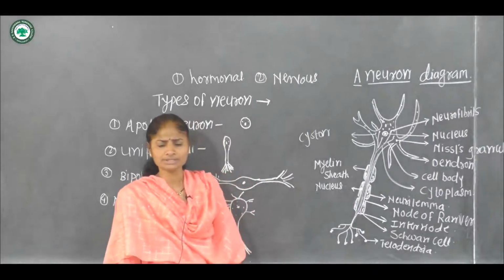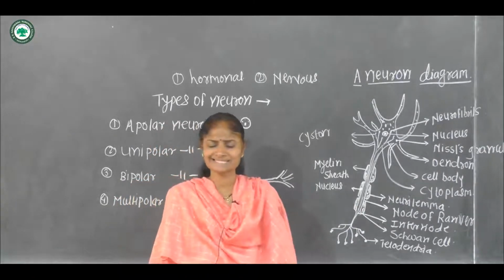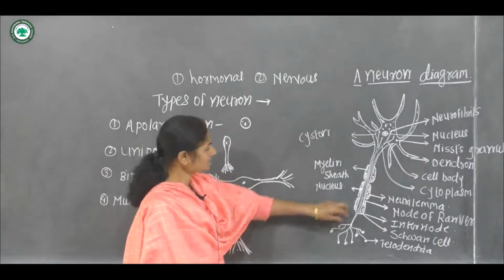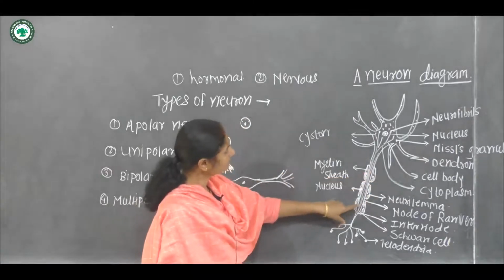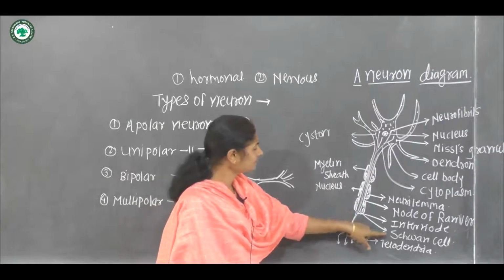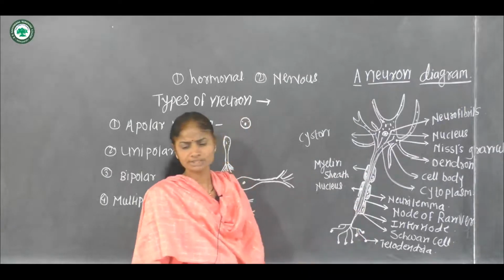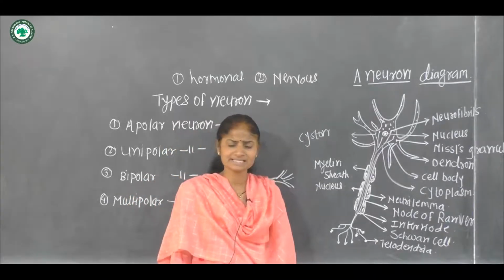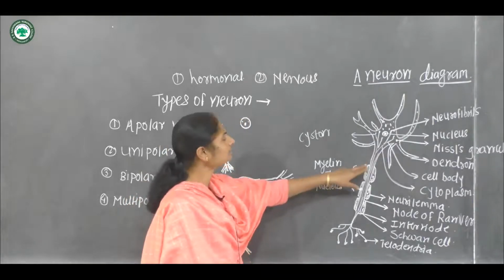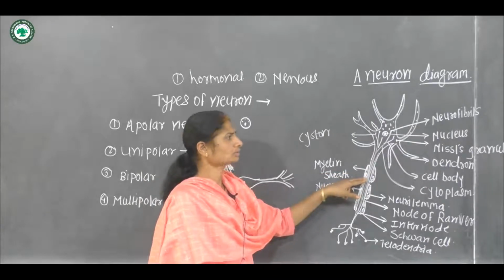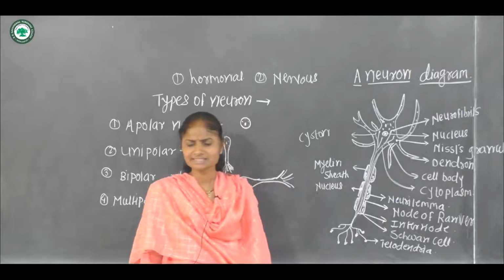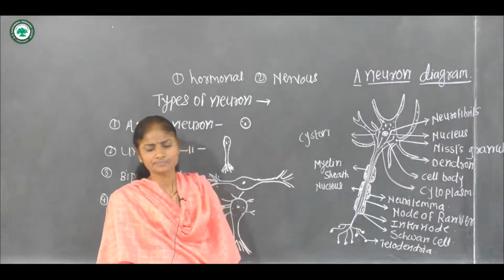The internode is occupied by Schwann cells with the nucleus. The myelin sheath is secreted by the Schwann cells.